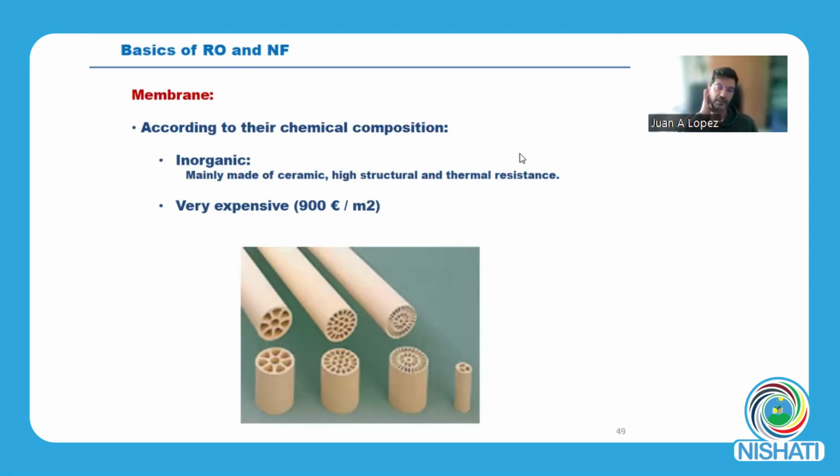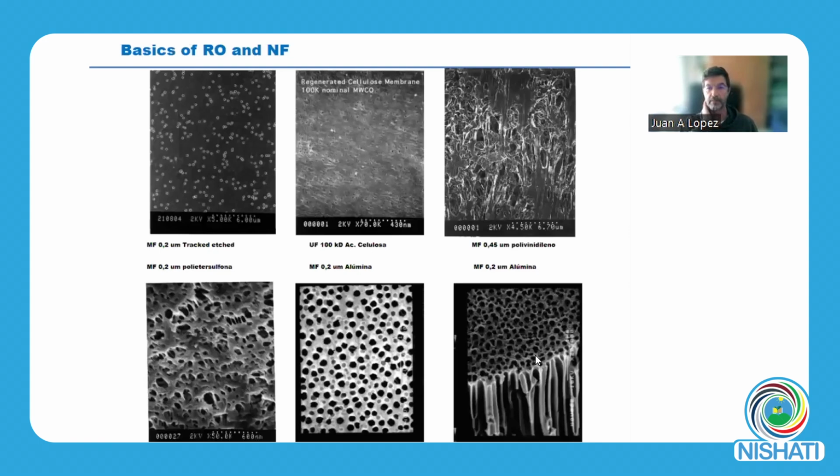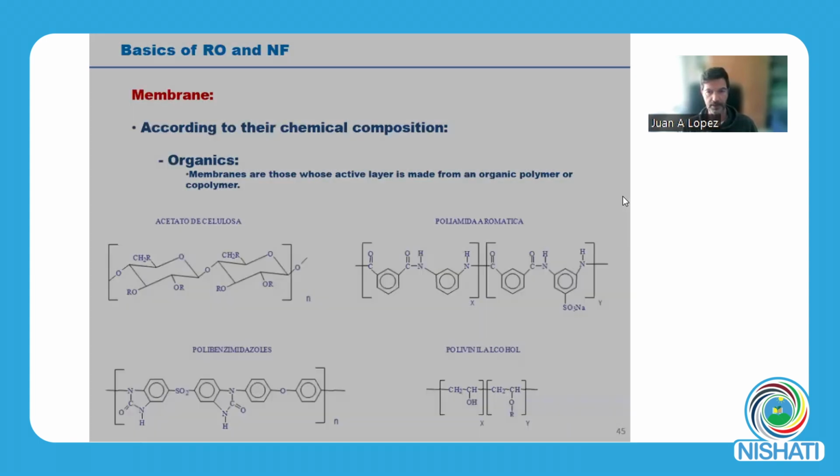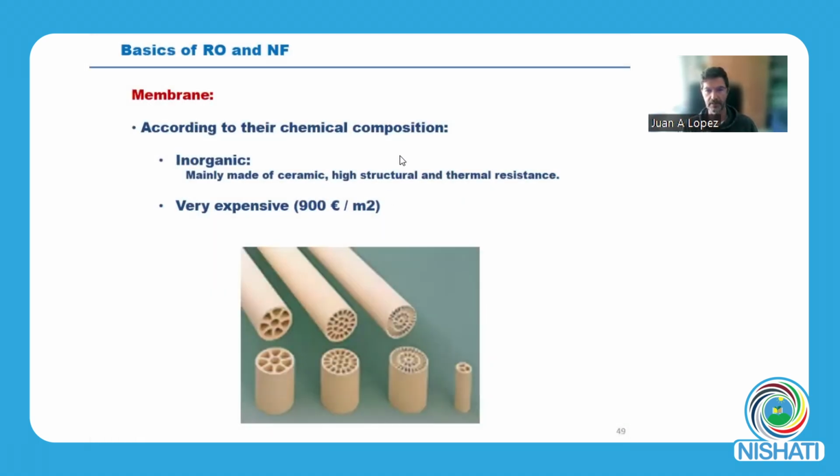There are also inorganic membranes on the market, even metallic membranes. Here you can see a metallic membrane. Inorganic membranes are ceramic made. They have a high structural and thermal resistance.